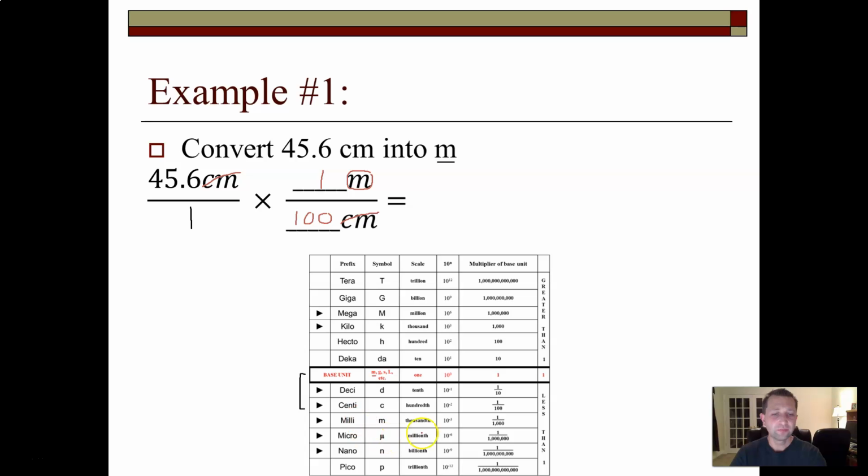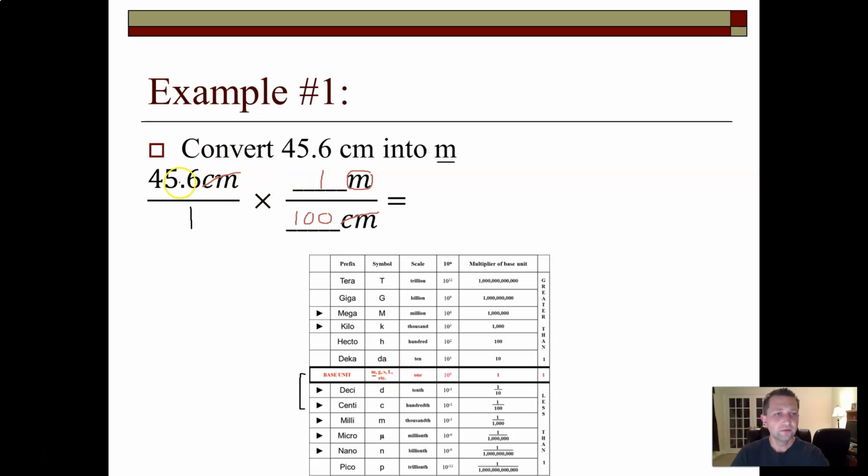If your prefix is underneath the base unit, then the base unit will be 1, and whatever's underneath will be how many you need to reach that base unit. If you have a prefix from the top, then you have X number of base units in one of those. So if you had kilometer, you would have 1 kilometer is 1,000 base units, 1,000 meters.